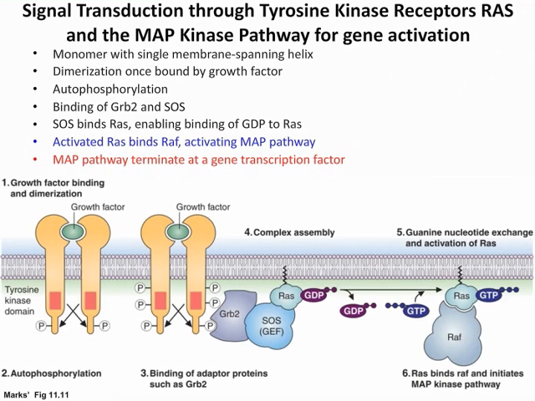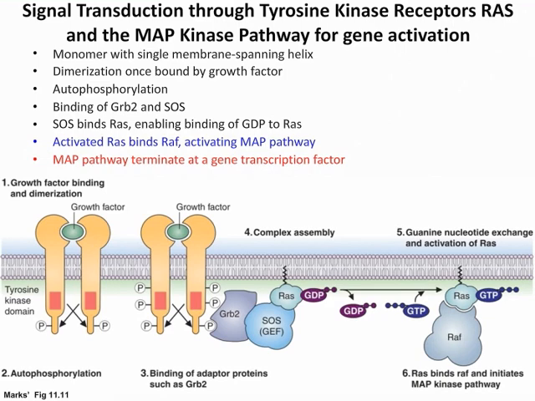As soon as that happens, it's going to open up something called an SH2 domain. In order to bind to this SH2 domain, whatever protein wants to bind to it also has to have an SH2 domain. All of this is in the notes below, so be sure to read. GRB2 is an example of a protein that has an SH2 domain, so it can bind to that phosphate.